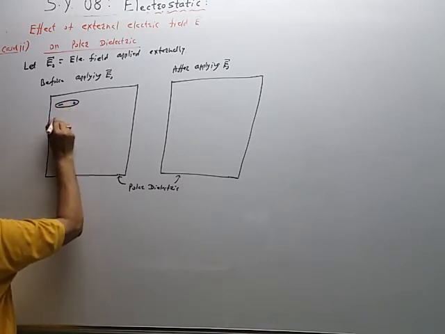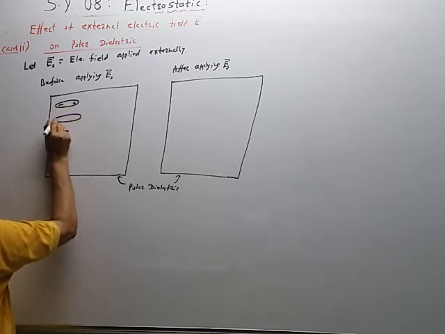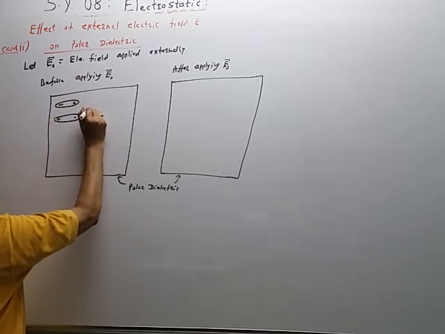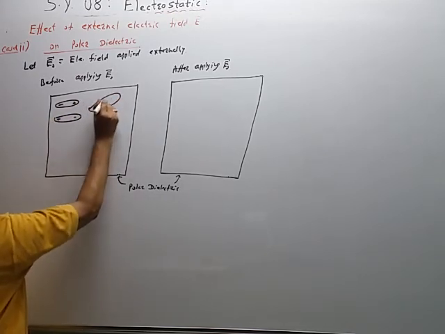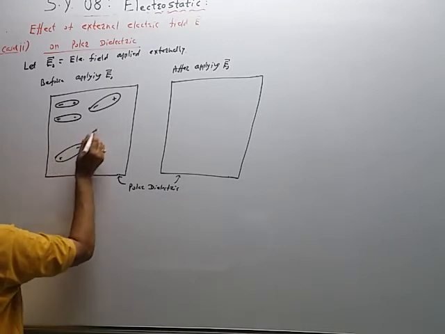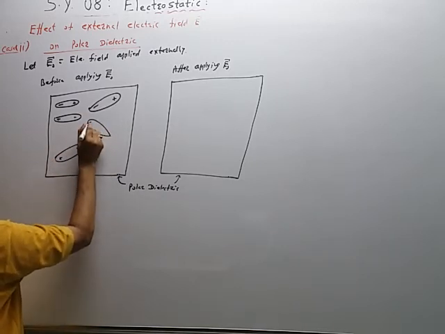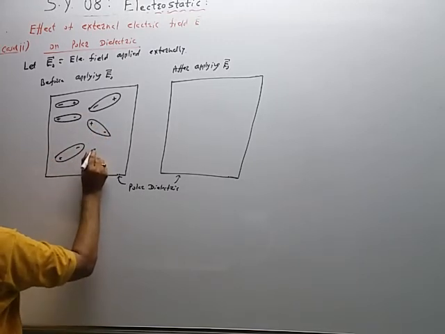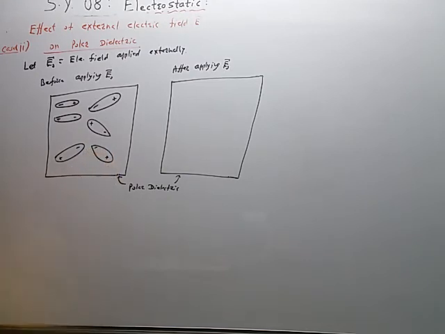This is the second atom, positive negative. This is the third atom, negative positive. Negative positive. Positive negative. Negative positive, etc. So each molecule has a dipole moment, but they are oriented randomly.